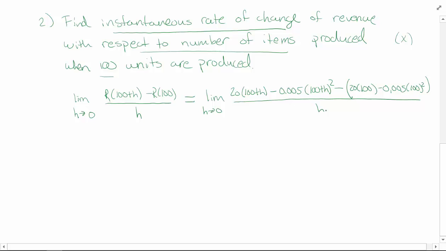So let's start expanding, collecting like terms. Again, I have used a calculator ahead of time for a couple of these numbers because business applications have some interesting numbers at times.